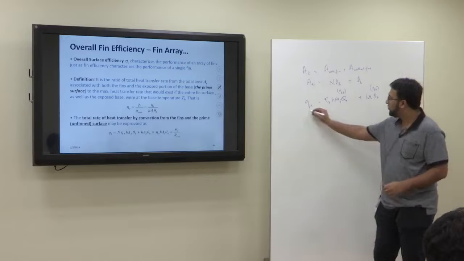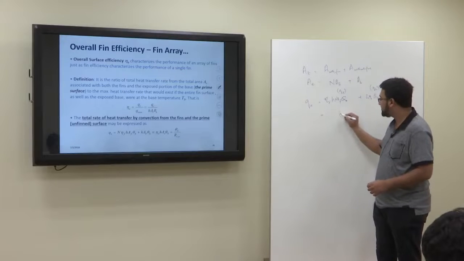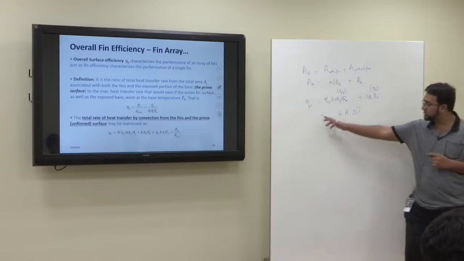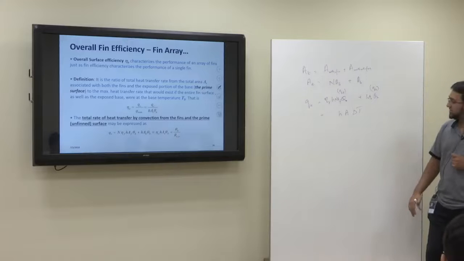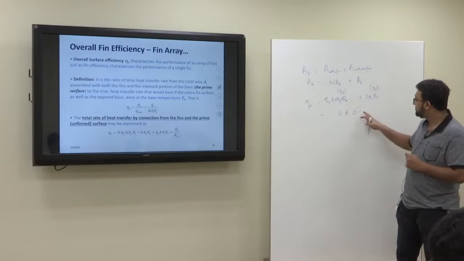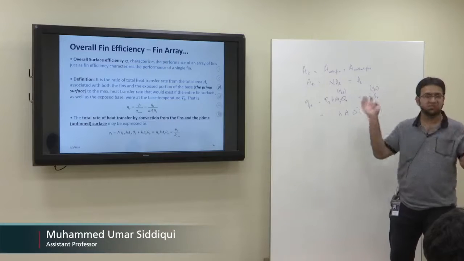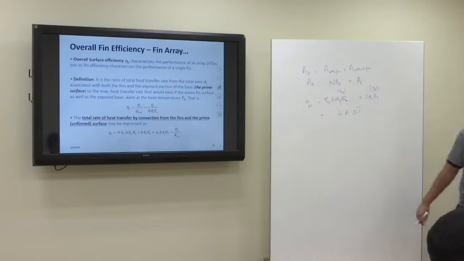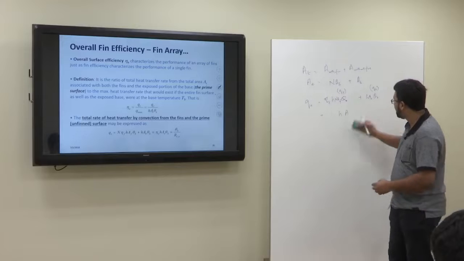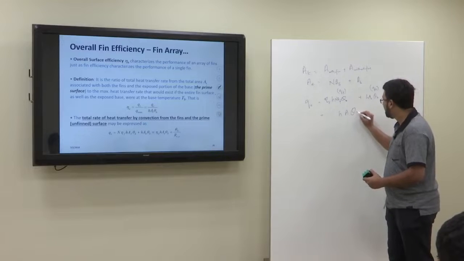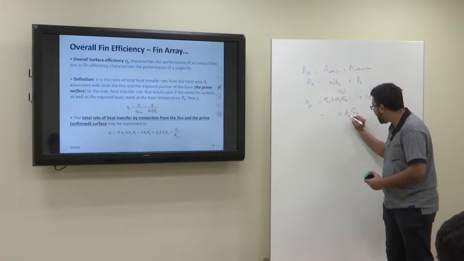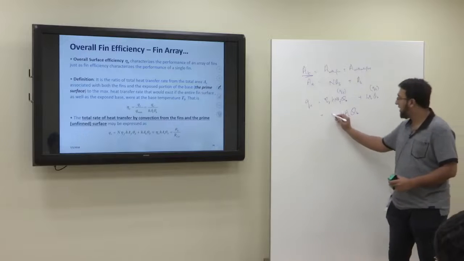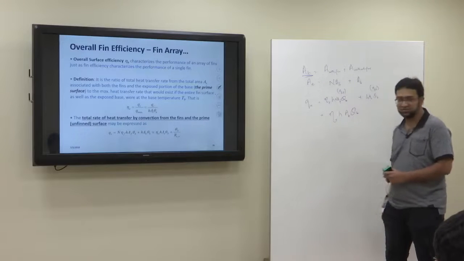So the total heat transfer can be written as HA delta T, but in this case I want my delta T to be the maximum delta T, which is Tb minus T infinity. Right? Okay. So I want to use it as theta B, while using the total surface area AT here.